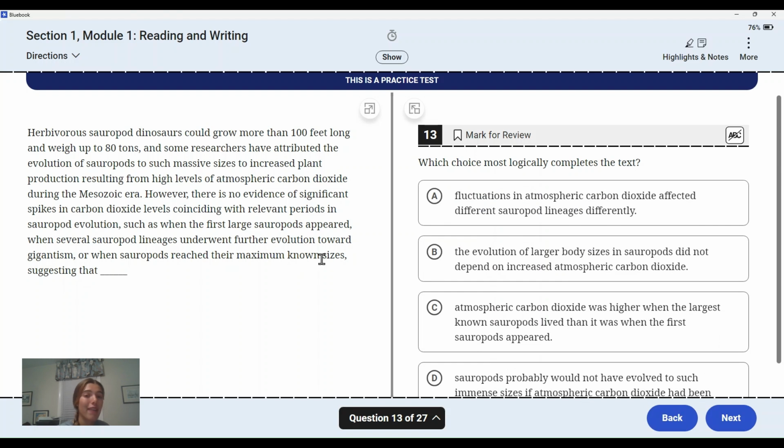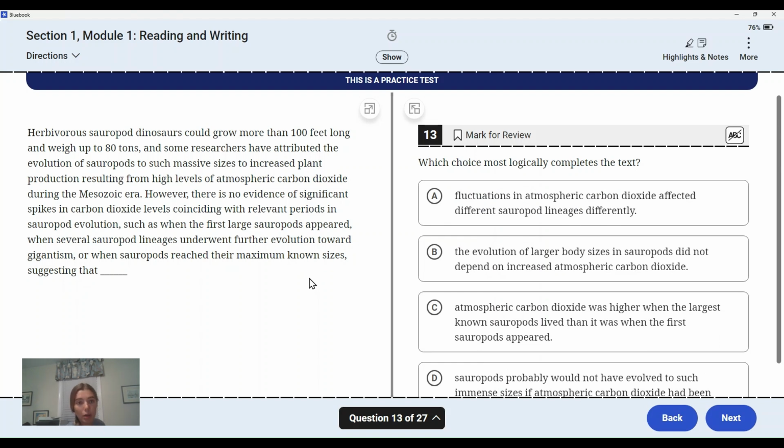However, there is no evidence of significant spikes in carbon dioxide levels coinciding with relevant periods in sauropod evolution, such as when the first large sauropods appeared, when several sauropod lineages underwent further evolution toward gigantism, or when sauropods reached their maximum known sizes, suggesting that.